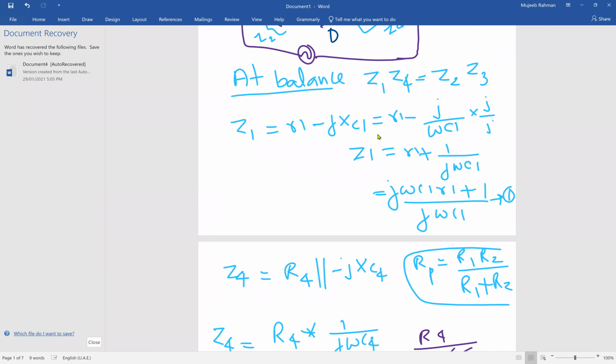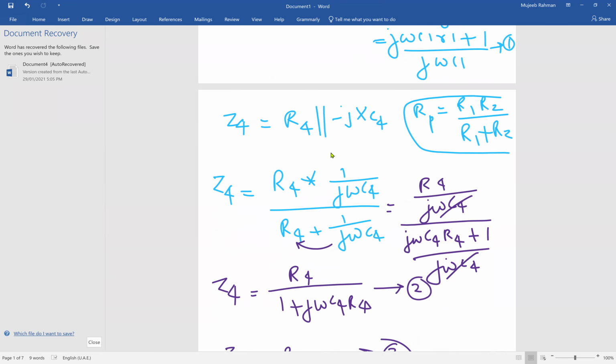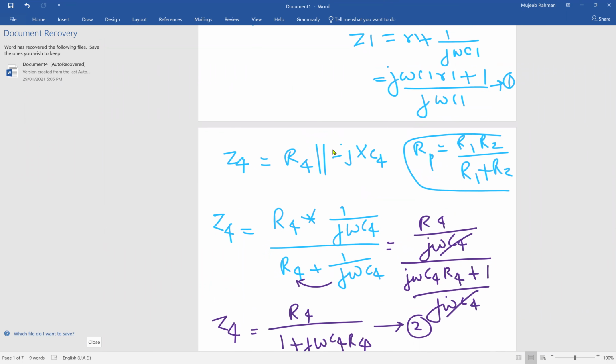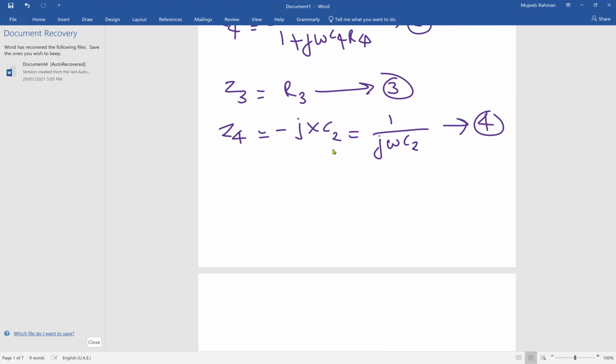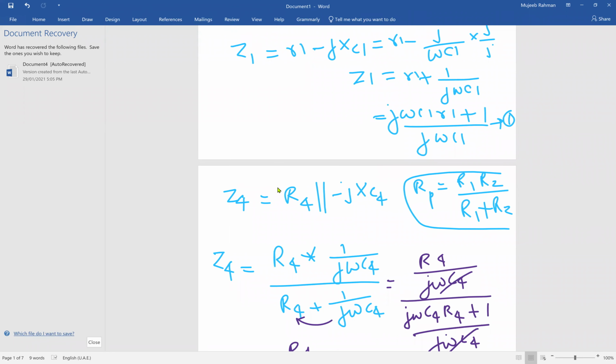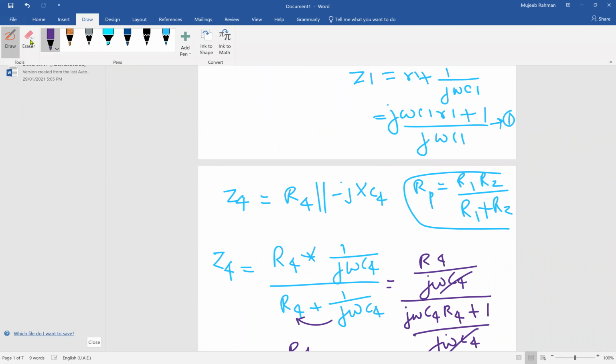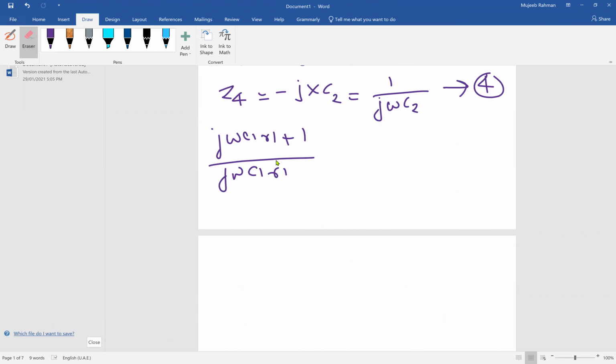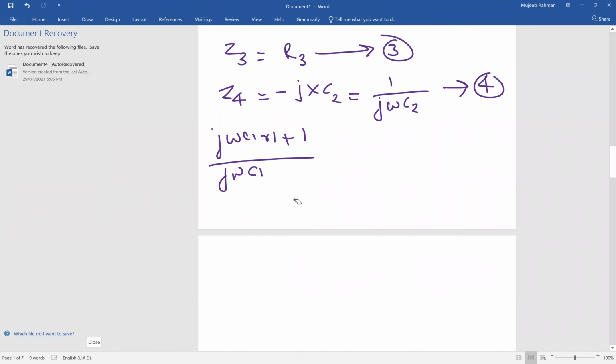Now we can apply the rule Z1 Z4 is equal to Z2 Z3. So what do we have? Z1 is j omega C1 R1 plus 1 divided by j omega C1. This is the first term.